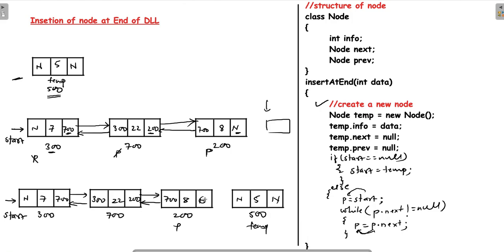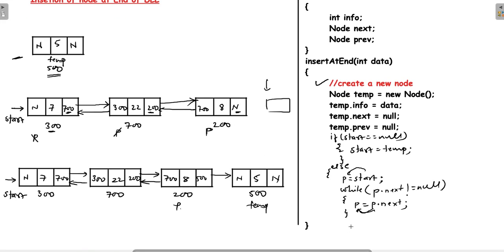Okay, so if you add this temporary at the end of the list, what will happen at this place? The address of temporary will be there, so it will be 500, right? So this is connected, so P's next will be 500, that is temporary. So after this loop you will be writing P of next is equals to temporary.